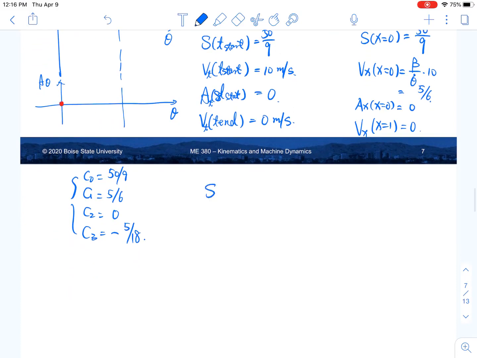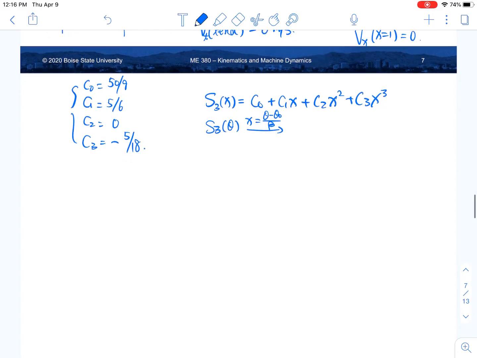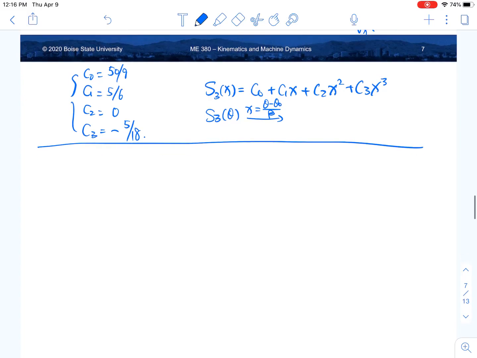Then you can find your S3(x) equals to C0 plus C1x plus C2x squared plus C3x cubed. Okay. If you want to get S3(theta), you just replace x by theta minus theta naught over beta. Okay, so that's segment number 3. And then the last segment, number 4.